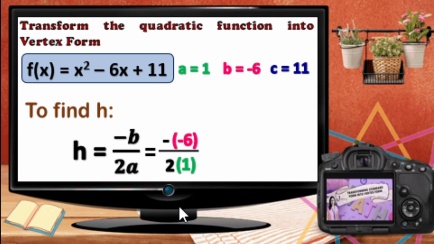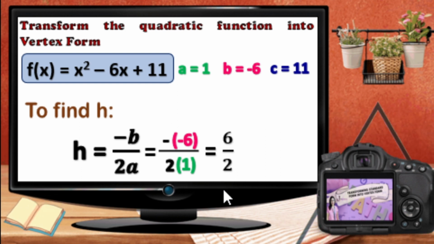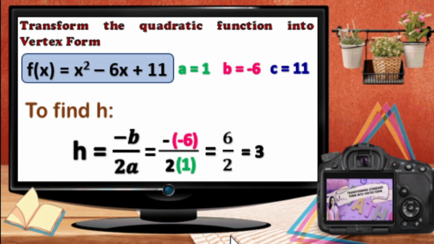Therefore, we will have 6 over 2. Why 6 over 2? Negative times negative 6 is positive 6, and 2 times 1 is 2. Then we simplify 6 over 2, or 6 divided by 2, and we will have 3. Therefore, the value of h is 3.